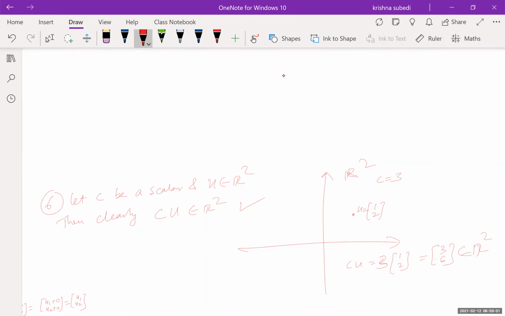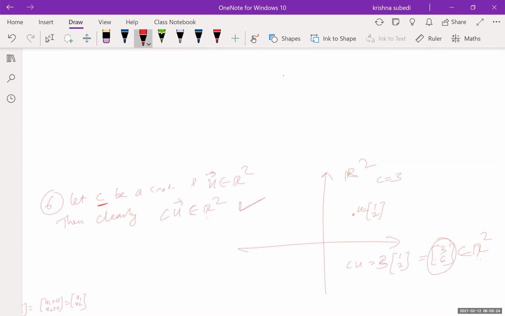It doesn't belong to R4, right? It must belong to R2. That's what it is. So if we have a scalar c and then we have a vector u, and if we multiply them, then the multiplication also belongs to R2. So that's all this property is trying to say. And cu also belongs to R2.